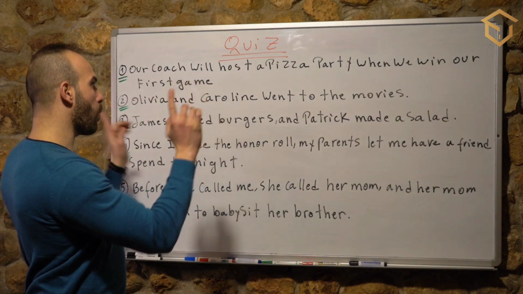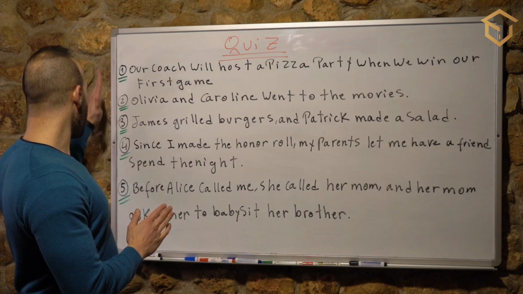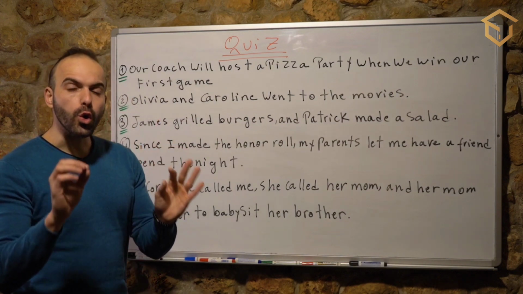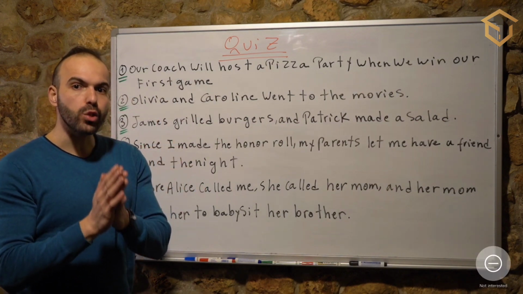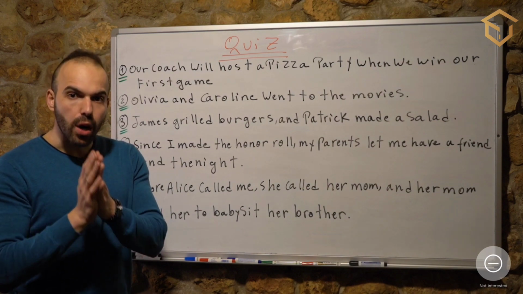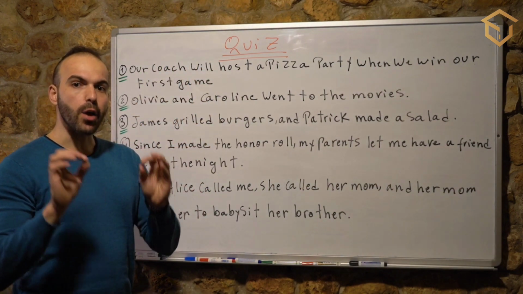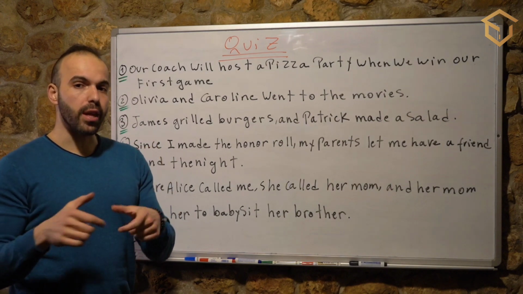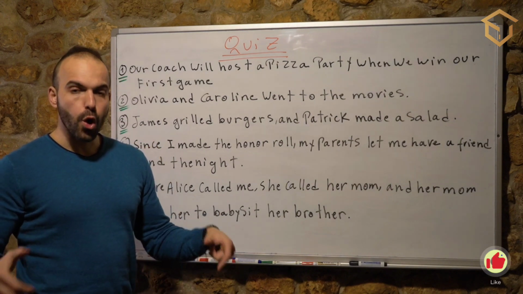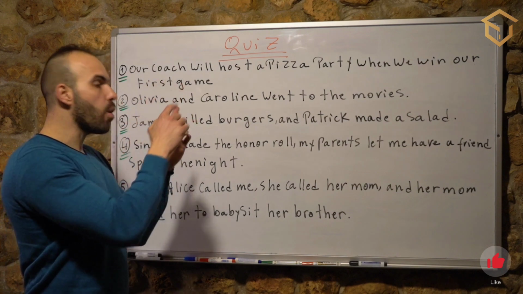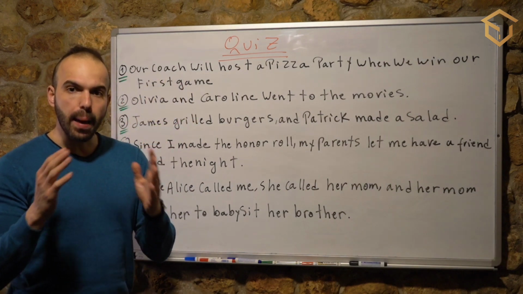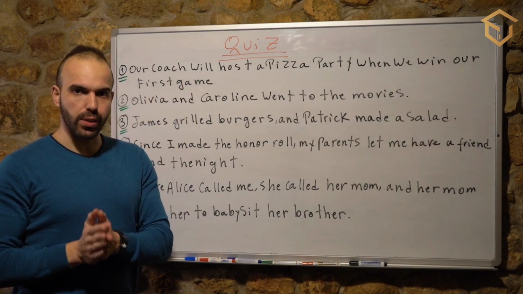It's time now for a quiz. As you can see on the board here, we have 5 sentences. All you have to do is try to identify the type of every single sentence. So please write down in the comment section below what is the type of every single sentence. So let me remind you of the types of sentences.